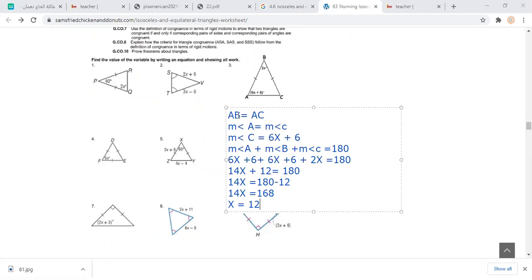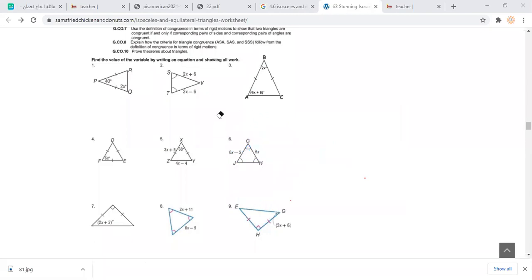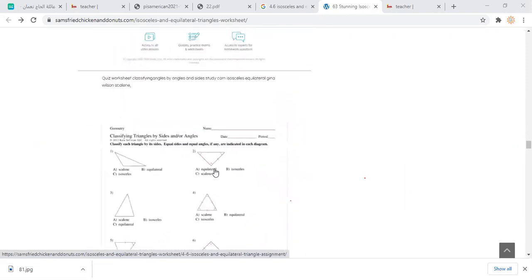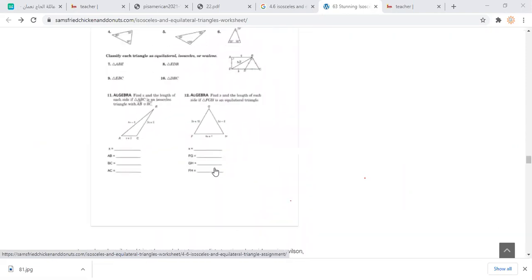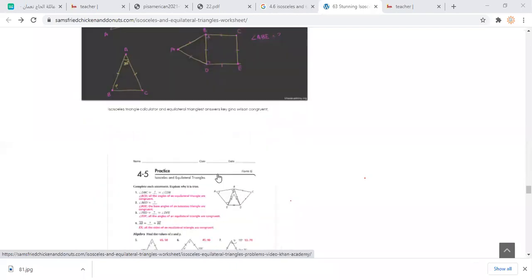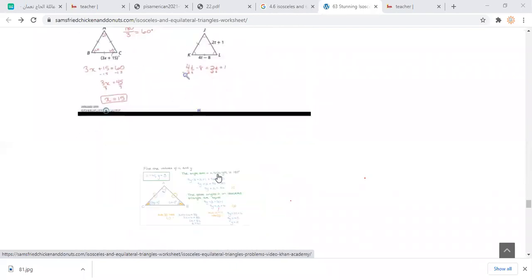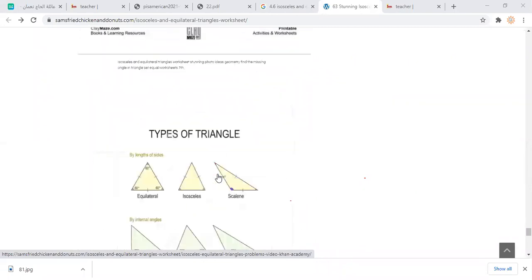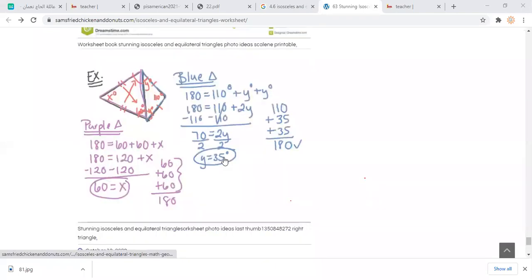Then for any question, we are going to work this way. Once we have two sides equal in length, the base angles should be equal in measure. And if we have two base angles equal in measure, then the two sides are equal in length. Also, let me discuss with you a question like this about an isosceles triangle.